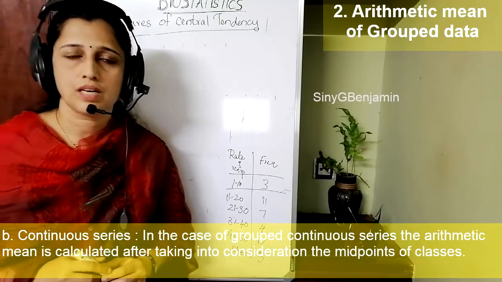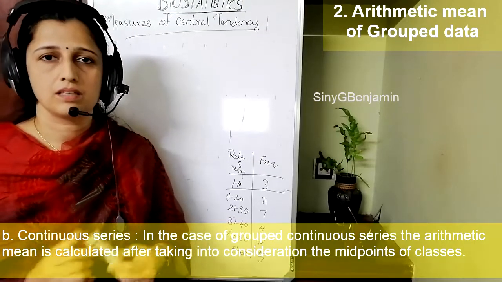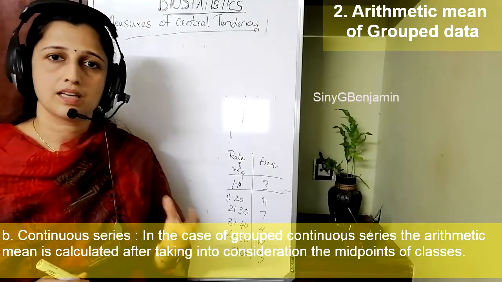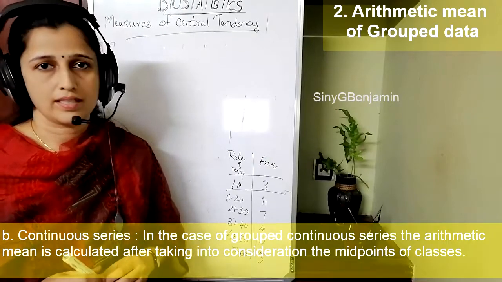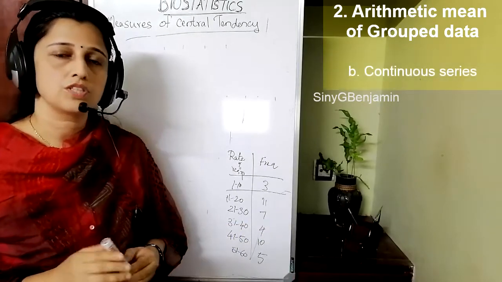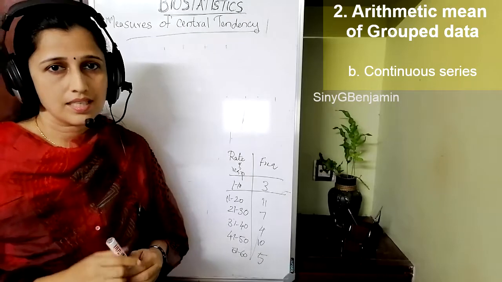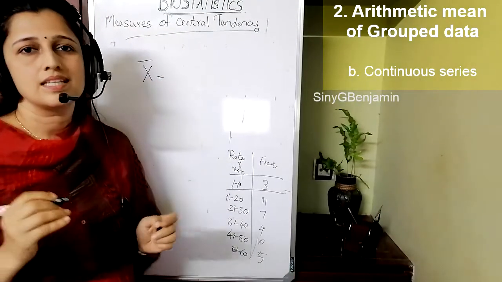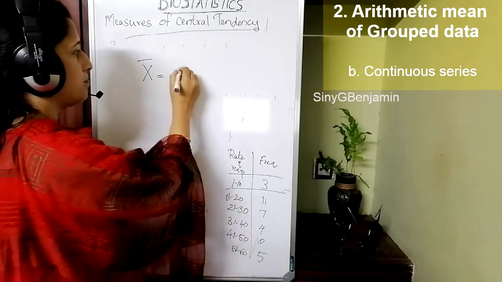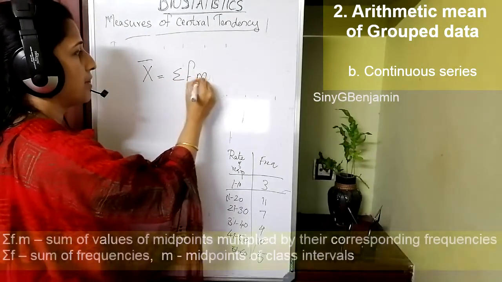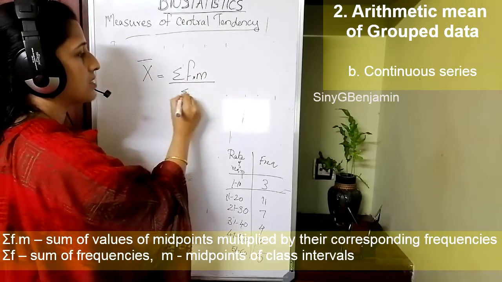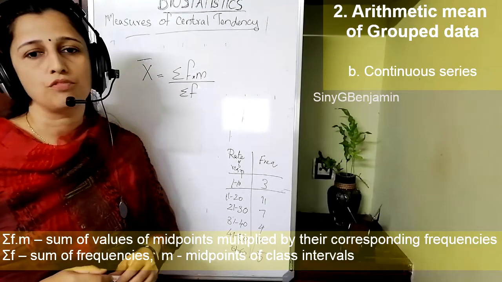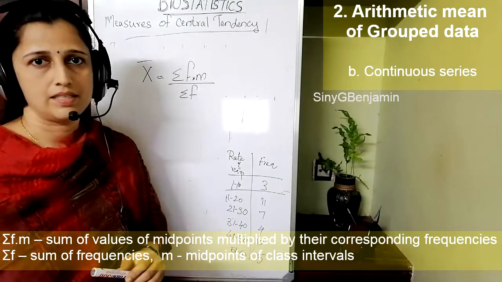In the previous tutorial, I mentioned how to make a frequency distribution table, and how to find the class interval, the class boundaries, midpoint, etc. The equation which we apply here is x bar, or the arithmetic mean, is equal to sigma fm divided by sigma f. And m stands for the mid value of the class intervals.